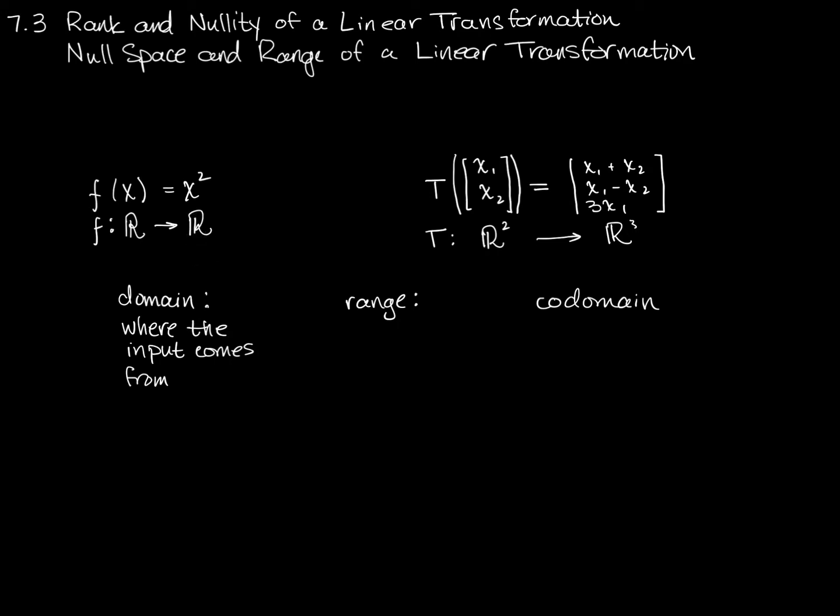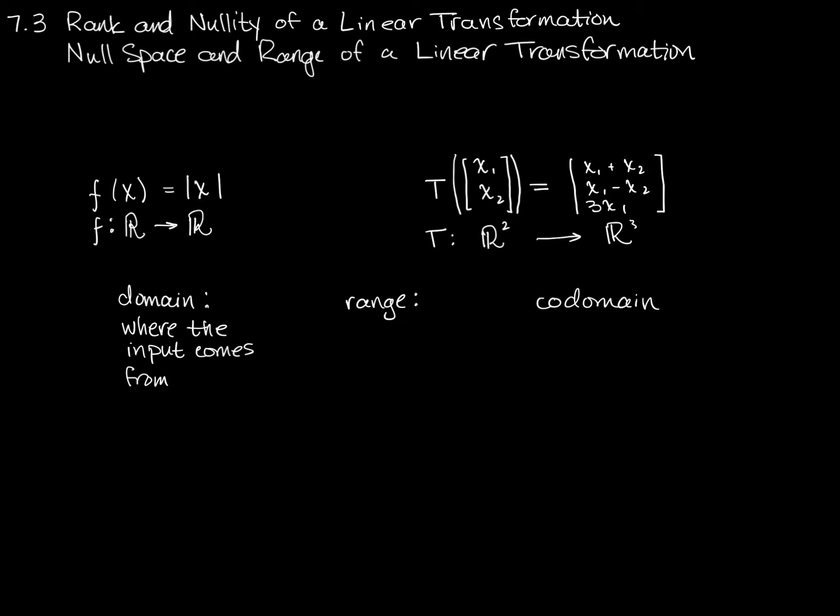Let me use a different function as an example. Let's use the absolute value of x. My domain, the world from which my inputs come, is the same, and the world into which they're going is still the same, but I have a different function now. If I take a number like 3, that's in the real numbers, and I plug it into my function, I'm going to get the absolute value of 3, which is 3.